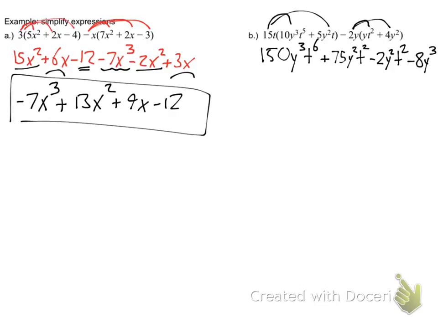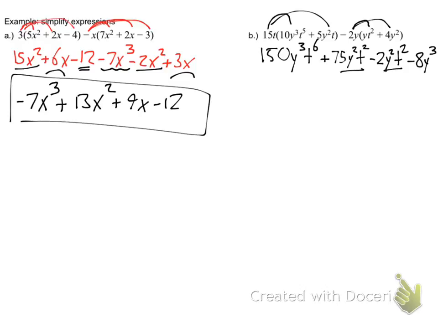Are we done? Now, question. Is there really a standard form for this one? No. Not necessarily. So if this is the case, guys, I wouldn't mess with the order of things, but I definitely would look through here and say, can I put any of these together? Which ones can we put together? Will? 75y squared t squared minus 2y squared t squared, because these two things are exactly the same thing.